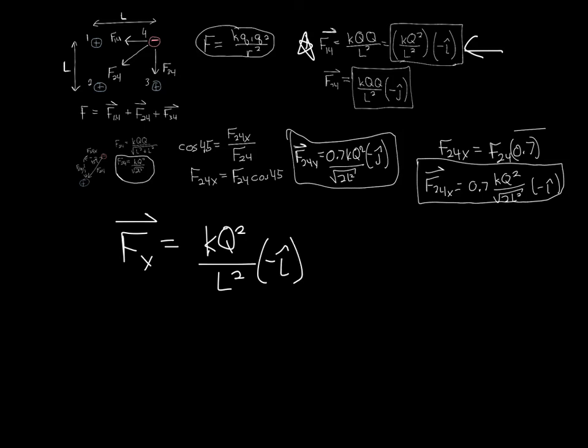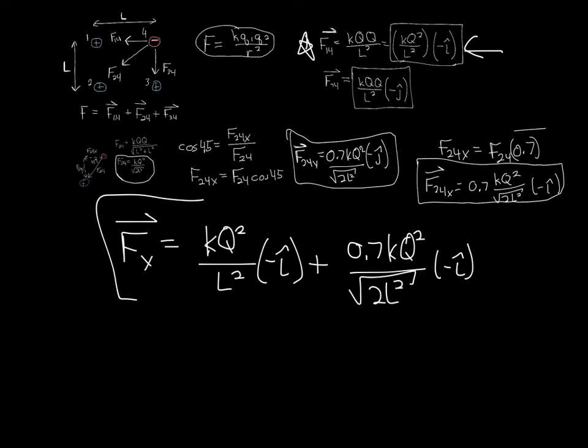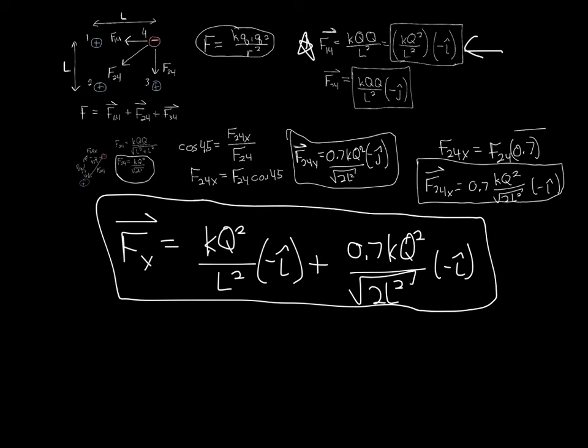And then I want to add anything else that's going in the x direction, which in this case is going to be F24 in the x direction. So I can add on this 0.7 times k times q squared over the square root of 2L squared, also in the negative i hat direction. And that's my total force on this thing acting in only the x direction.